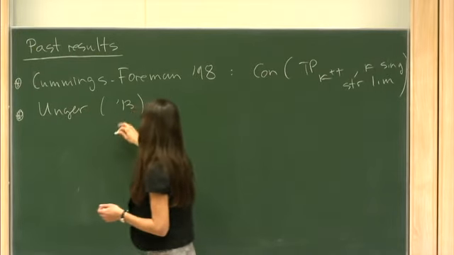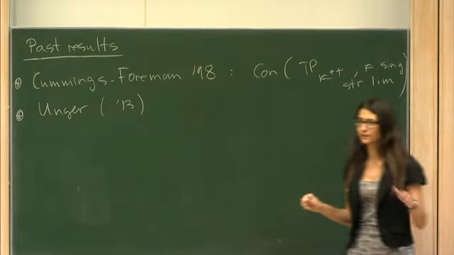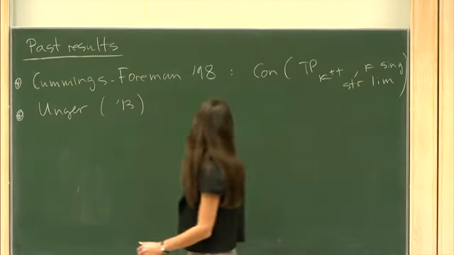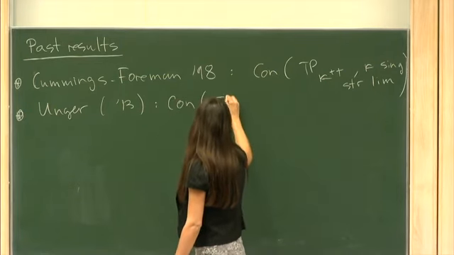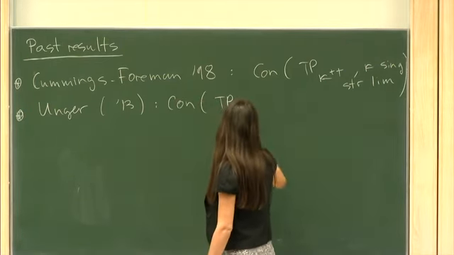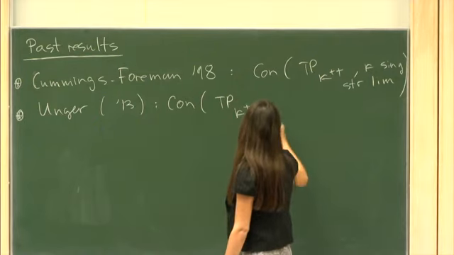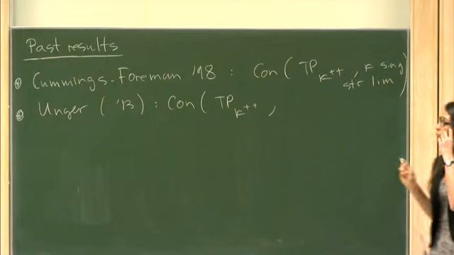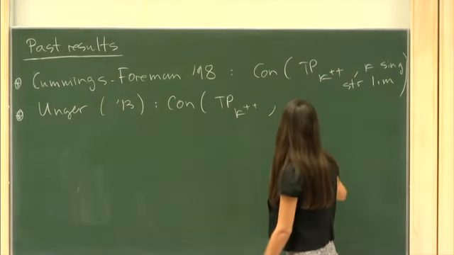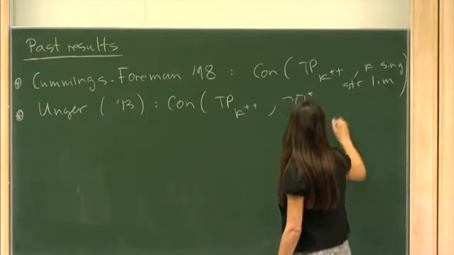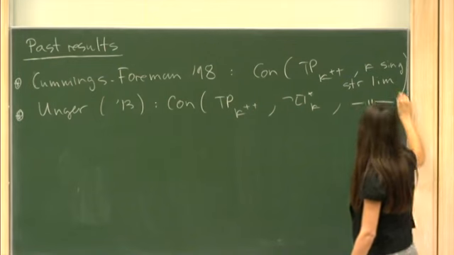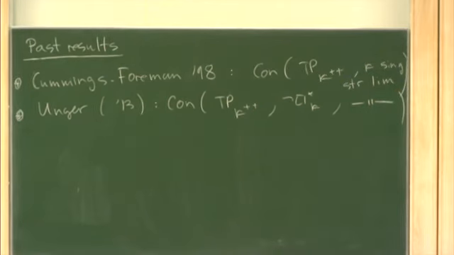I think it was published in 2013, but the result itself was a couple of years before that. One can get the tree property at the double successor of a singular strong limit kappa, together with failure of weak square at kappa. And in order to even hope to get the tree property, one better get failure of weak square.